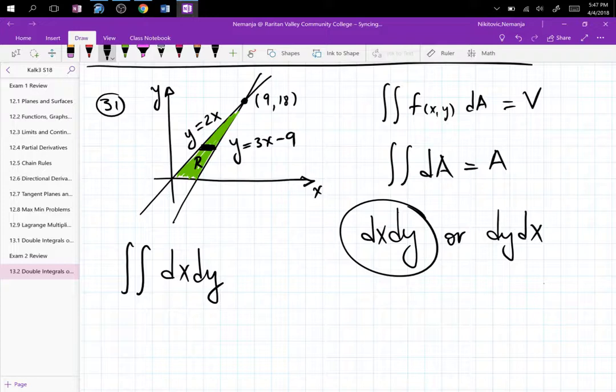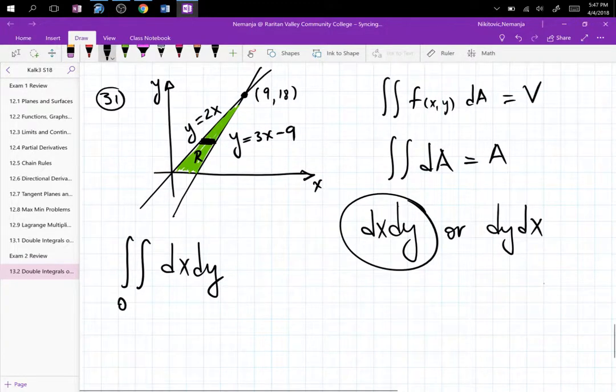So what are the two constants that bound our y, looking at the picture? 0 and 18. Very good. So the lowest this dy can be is at 0 level, and the highest it can be is at level 18. So 0 to 18 for the outer integral.